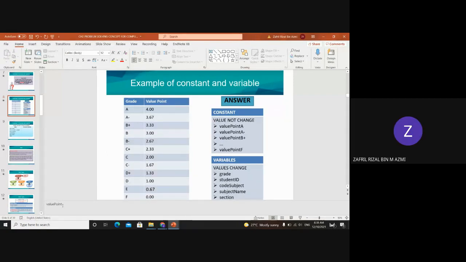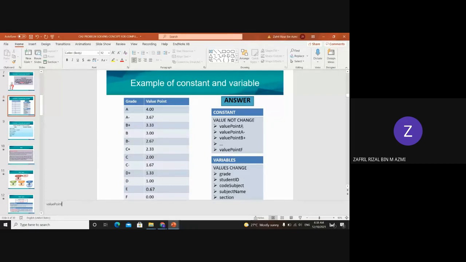Why is it constant? Because the value point is already fixed. Fixed to what value? Don't get confused. If we are specific, value point A, then the value is a constant, always 4.0.